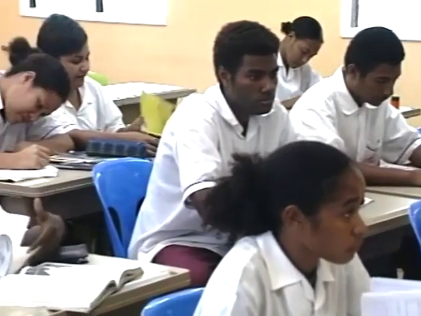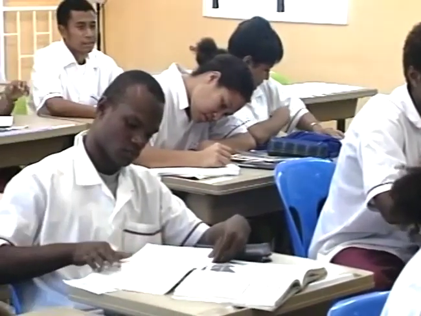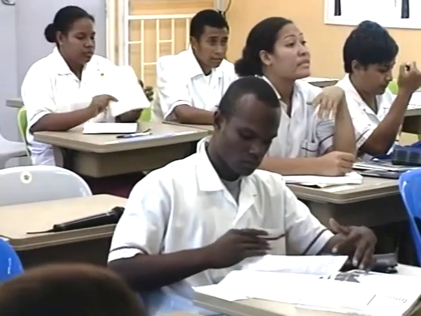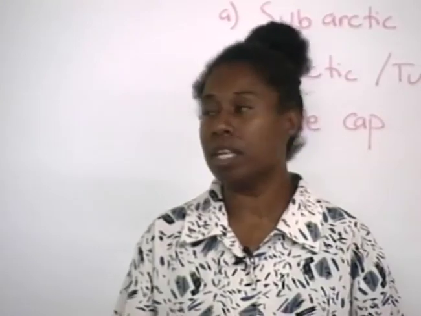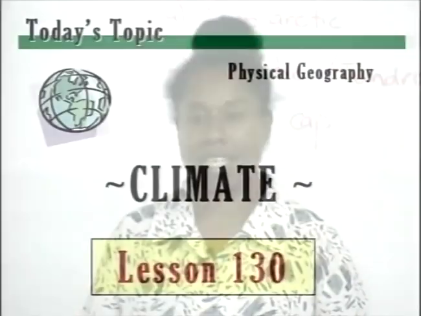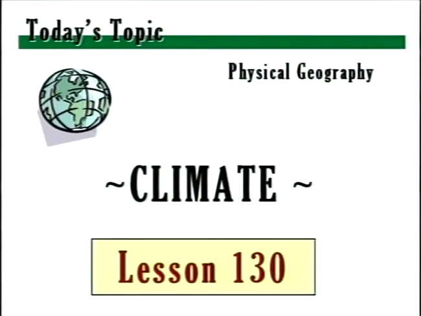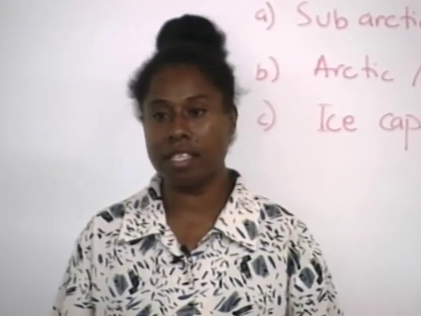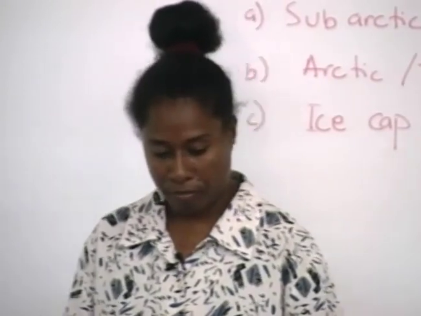We discovered there are 5 examples or subdivisions of tropical climates. We have already looked at the 5 examples of temperate climates, and our lesson today will see us look at examples of polar climates. For the polar climates, there are 3 examples or 3 subdivisions that I'd like us to recognize and make note of.